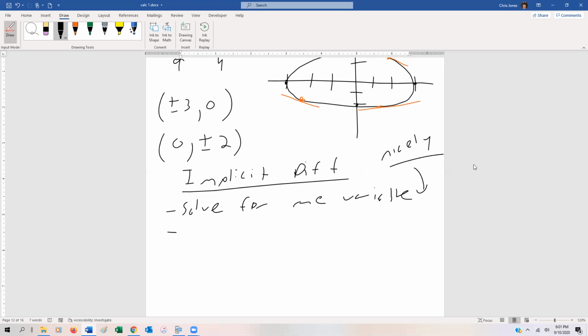Another thing to consider is that the graph may not produce a function. So for instance, circles, ellipses, and a whole slew of other relations that aren't functions.